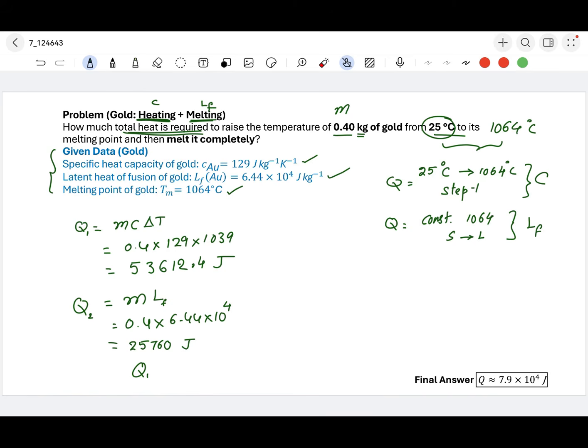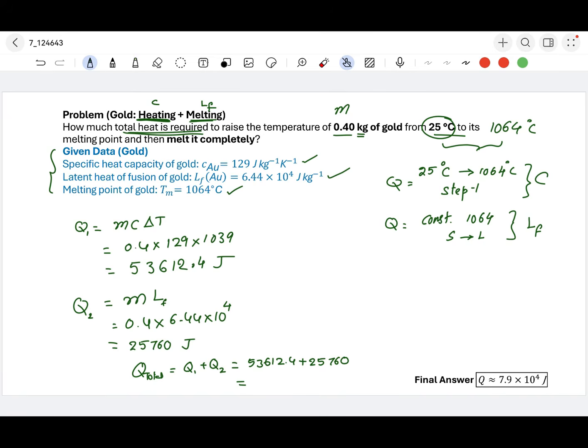We want the total. Total means the heat energy for step 1 and the heat energy for step 2, we have to add. 53612.4 plus 25760.